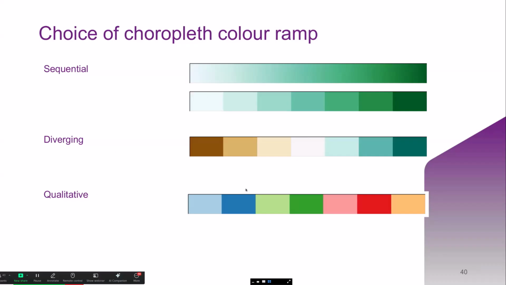And then qualitative is a lot simpler. It's not so much a data classification. We might have a land use map which shows polygons of agricultural areas or water or roads, and we simply shade those a different color depending on the type of land use, and that's what a qualitative color ramp is doing.